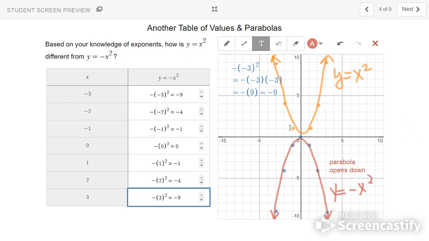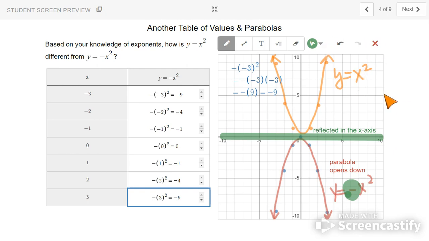The original parabola was reflected in the x-axis. And what indicates this reflection is the negative.